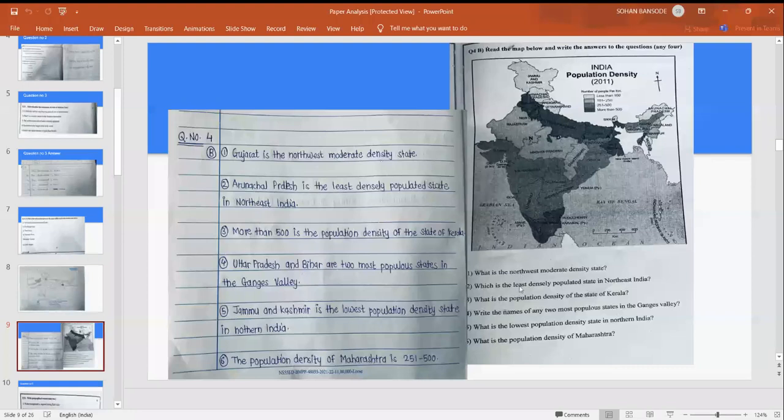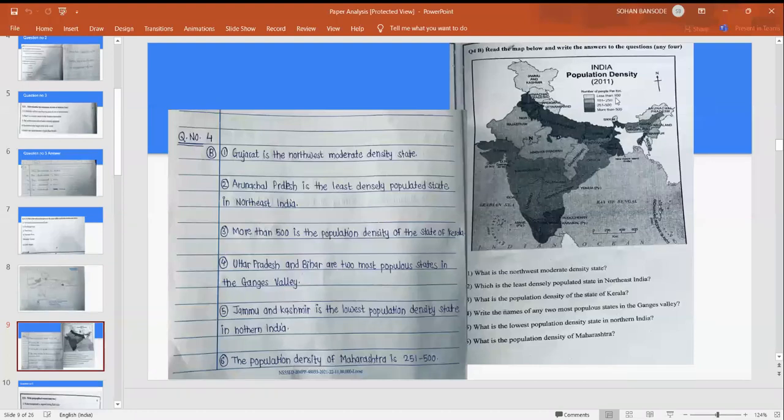Next question: which is the least densely populated state in the northeast? Now you have to observe towards the northeast. Students, always keep one thing in your mind: the upper side of the map shows the north direction.